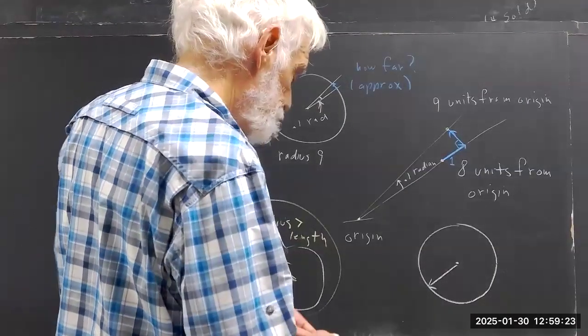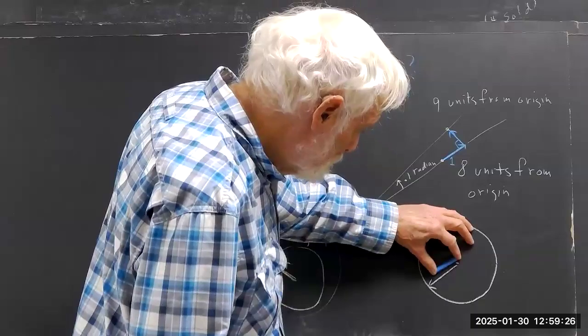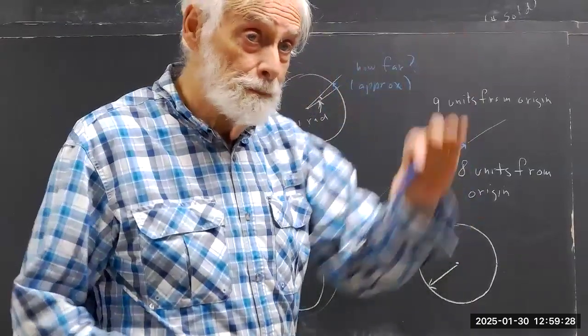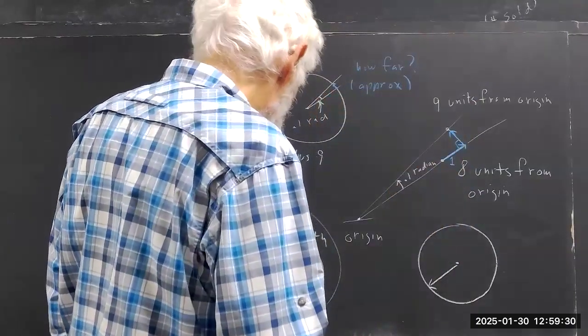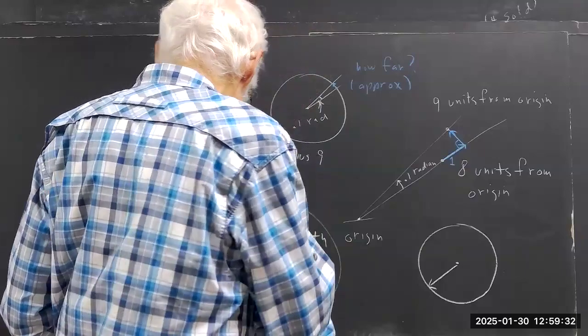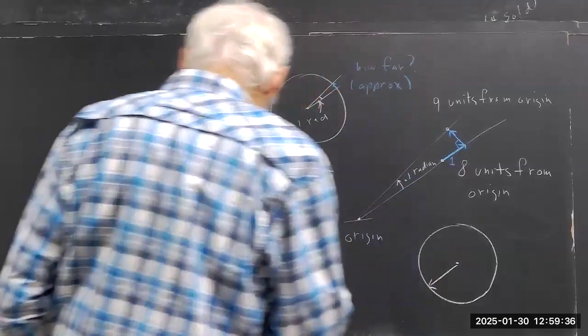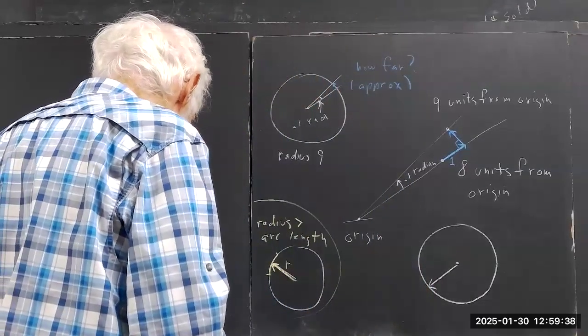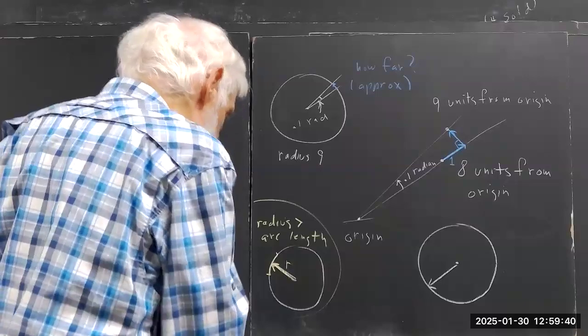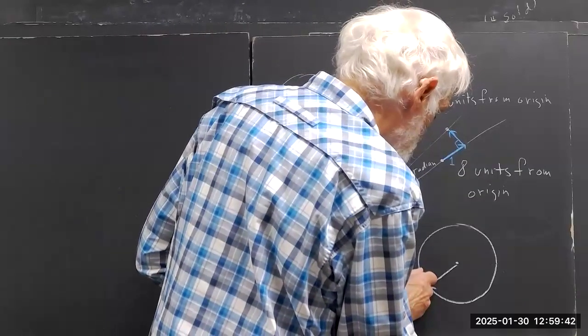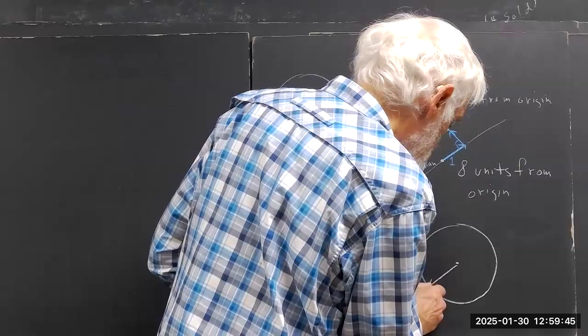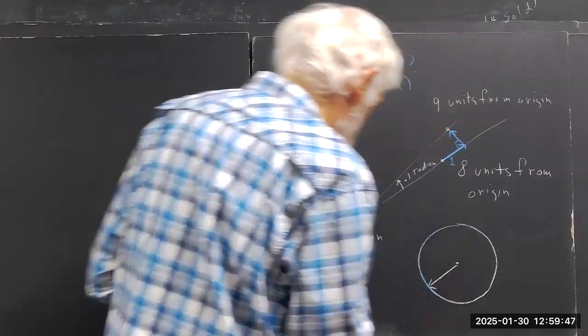Now that radius is somewhat longer than this piece of chalk. So I'm going to try to draw an arc that has the same length as the radius. I'll draw it in a color that contrasts a little more. Okay, so let's say I draw an arc this long.